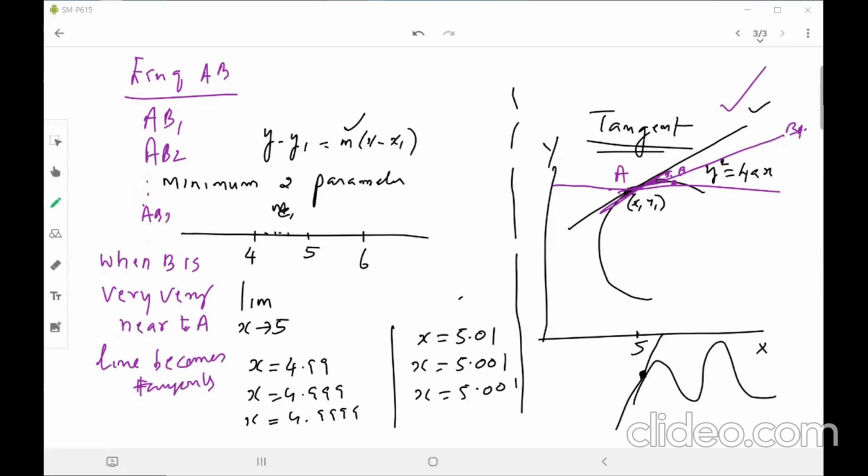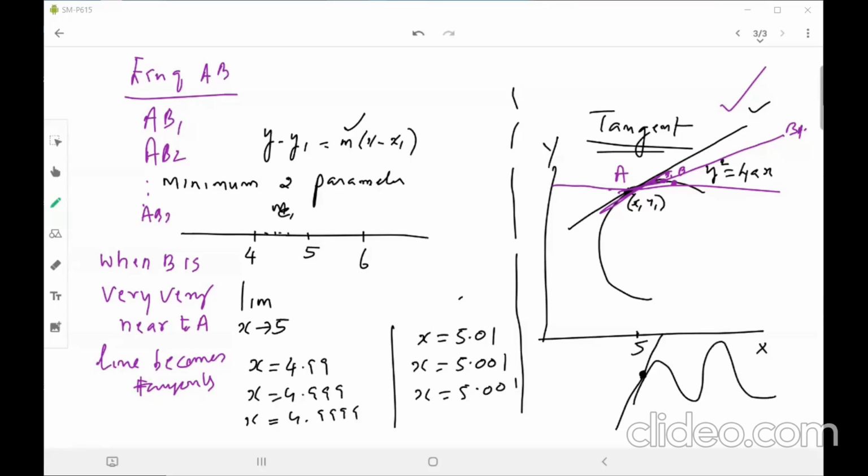Can B be exactly equal to A? It's not at all possible. When B is exactly equal to A, we cannot find the equation of the tangent because you get only one point. I cannot find a tangent. But when B is very, very near to A, I can find that one line. That line is almost similar to your required tangent line.